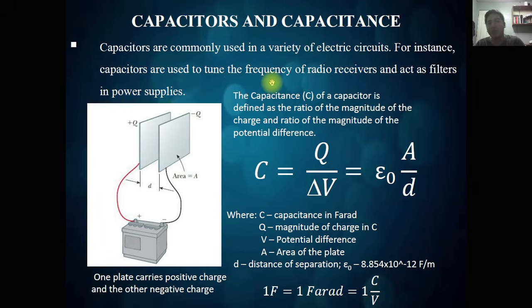Have you ever experienced during your childhood tuning a manual radio from one station to another? The tuning capability of the radio is performed by a capacitor. That's how important capacitors are, even in the old times of communications engineering.